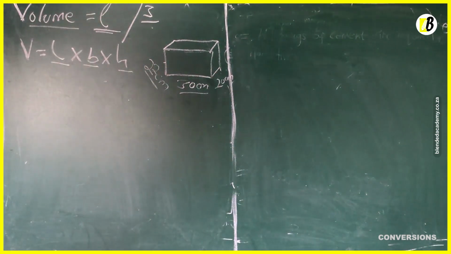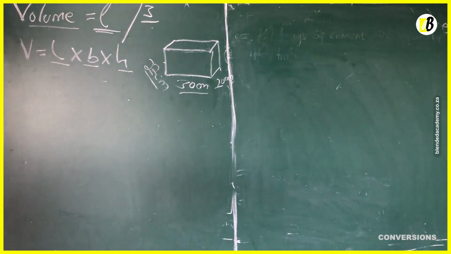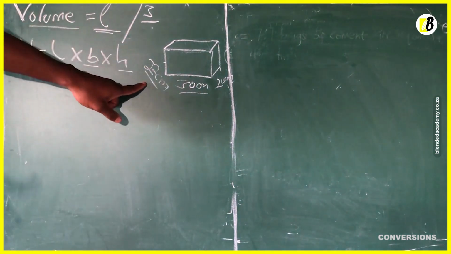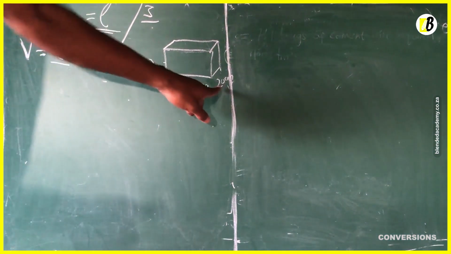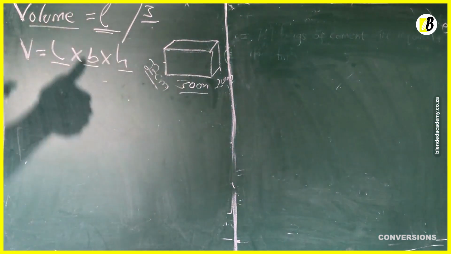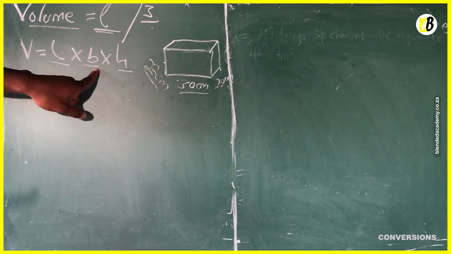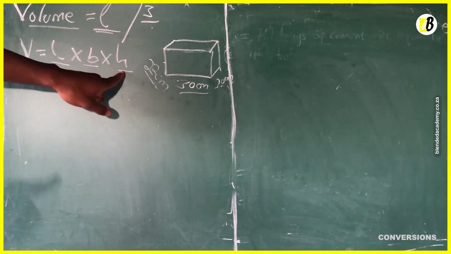Remember, in a case like this, you are more likely to find it very confusing, because first, you have to know which side of the shape you're working with, right? The length, the breadth, and the height.